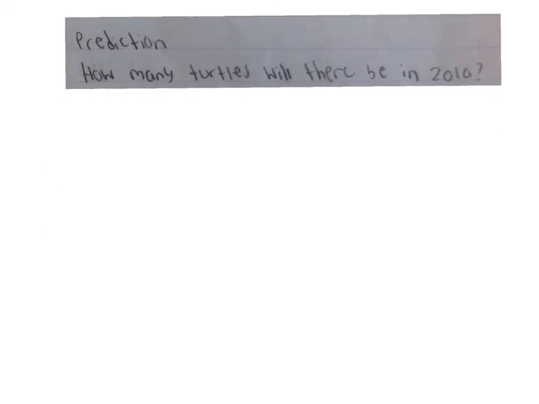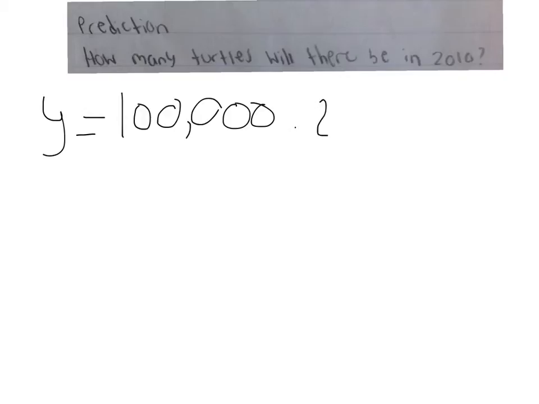In this slide, I'm going to be showing you how to solve our second prediction: how many turtles will there be in 2010? The way I solved this was I used our explicit equation, y equals 100,000 times 2 to the 10th power. First I replaced x with 10 for year 2010.